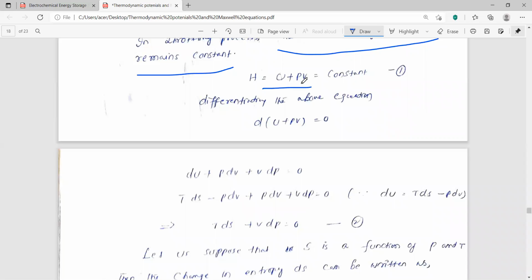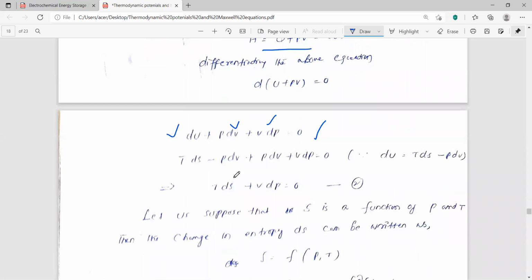If you differentiate this equation, you get dU plus PdV plus VdP equal to 0, because if you differentiate a constant value, you get 0. You know what dU is: TdS minus PdV.